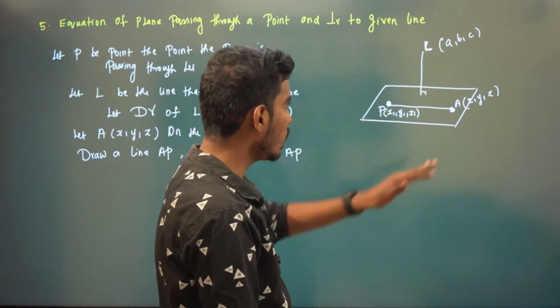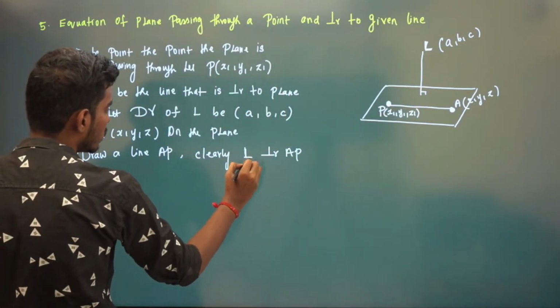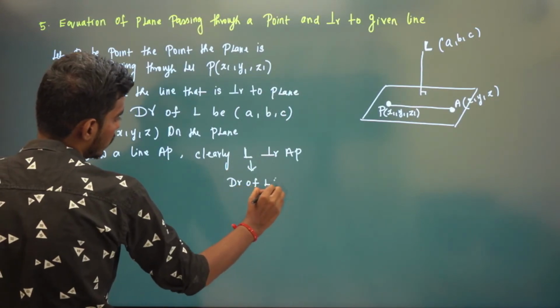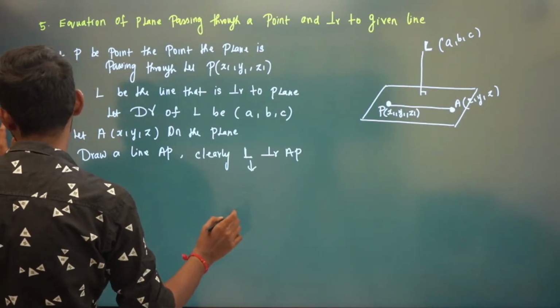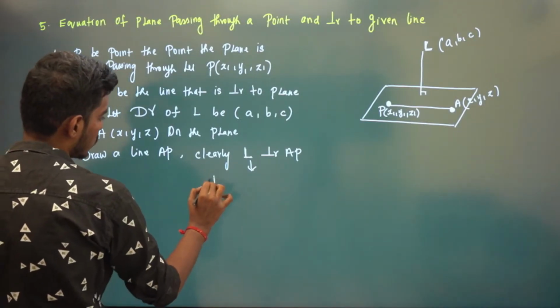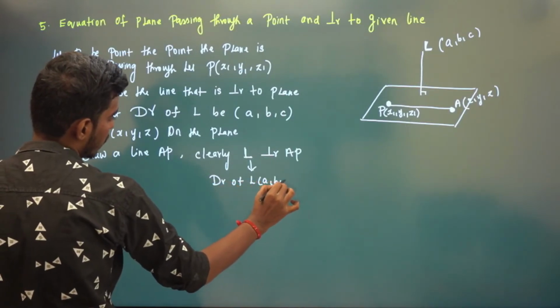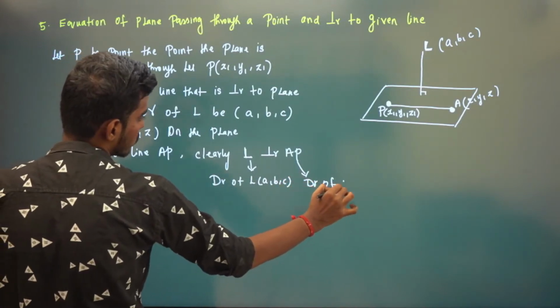Now these two are perpendicular. What is the direction ratio of L? It is a comma b comma c. And what is the direction ratio of AP?